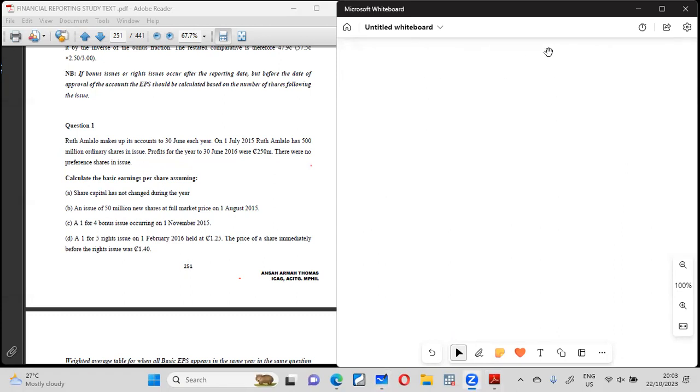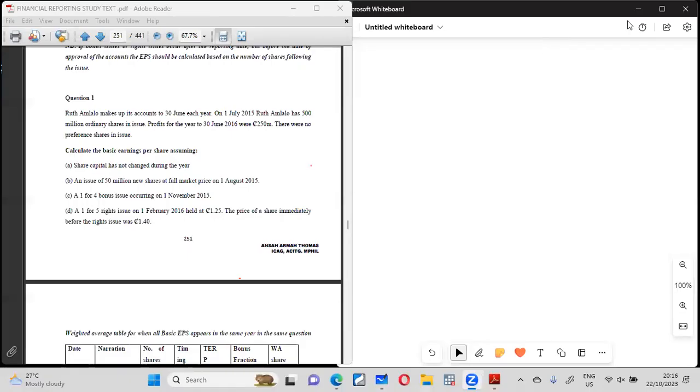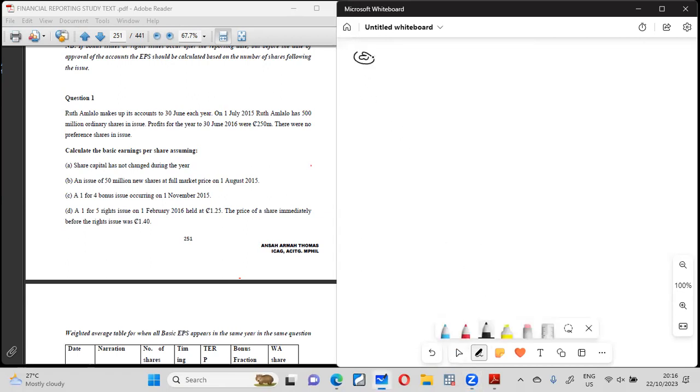try your hands. Number A, I had 0.5. And the B, I had 0.49.